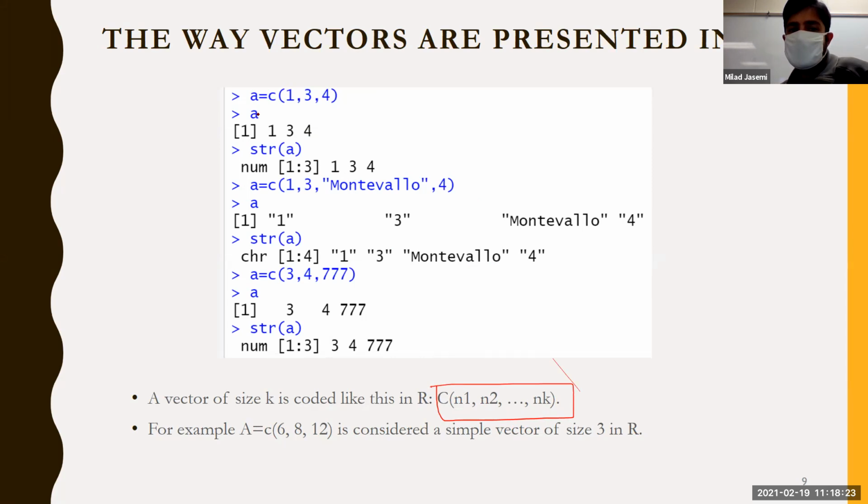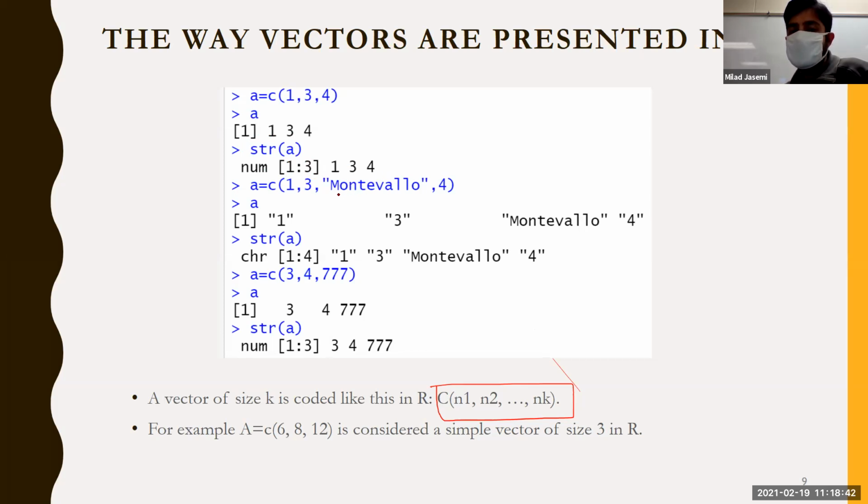As you can see here, there are some examples. A is a vector, c(1, 3, 4). And when we print A, it prints like this, 1, 3, 4. The structure of A says it has 3 elements, numeric.